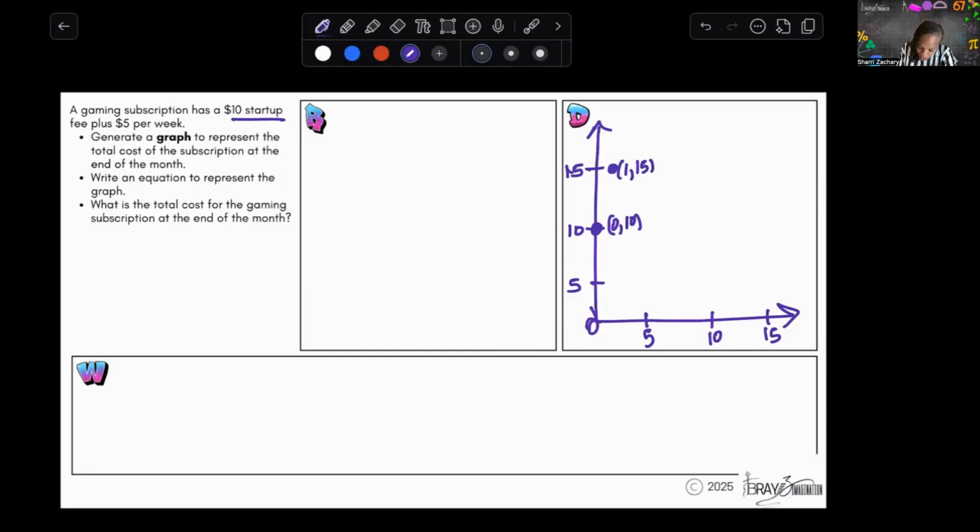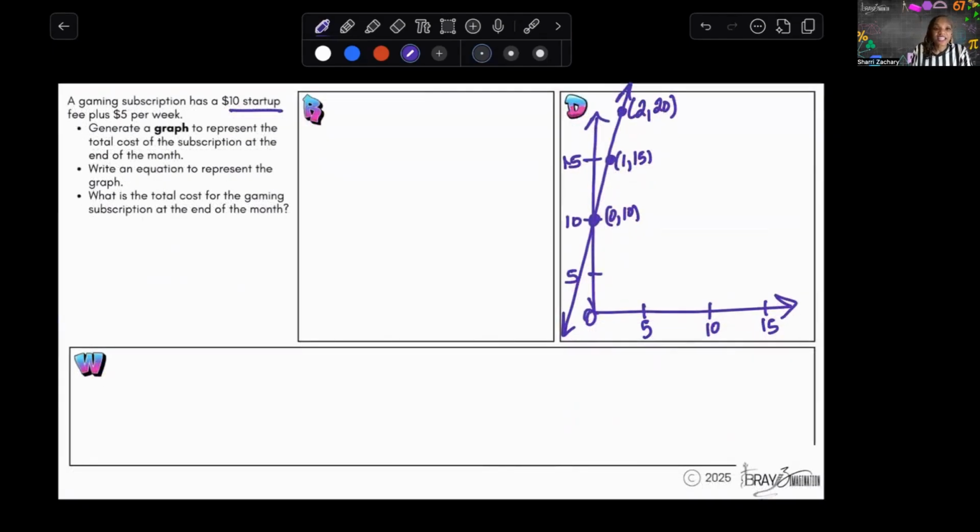So at week 2, I'm now going to be at 20. Okay. And then I'm going to connect my dots. So I've generated my graph.